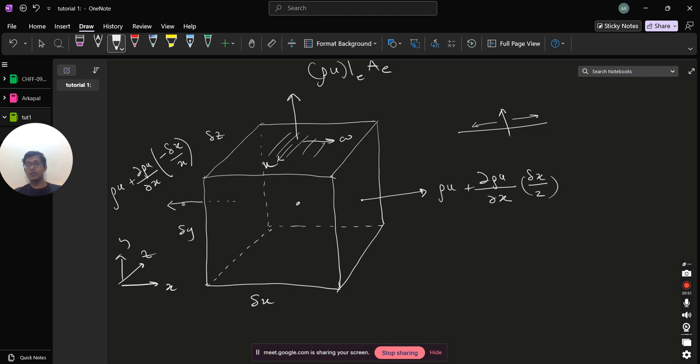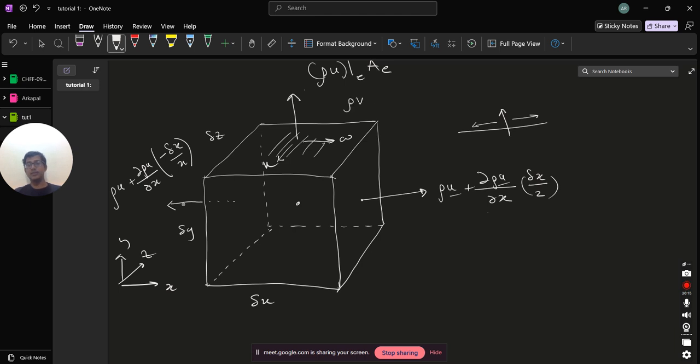So mass is not traveling across this boundary. To get the mass that is traveling across the boundary, we need the velocity components which are normal to this plane. For example, in this plane the u velocity is normal, so that's why we took the u. And in this plane it is the v velocity, so we'll take the v.